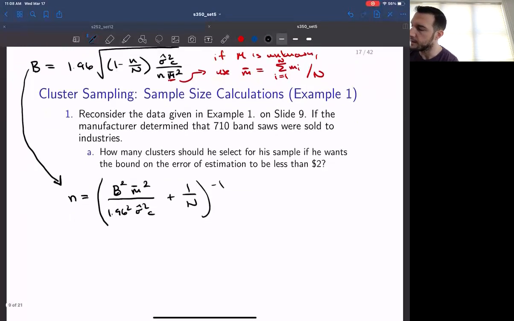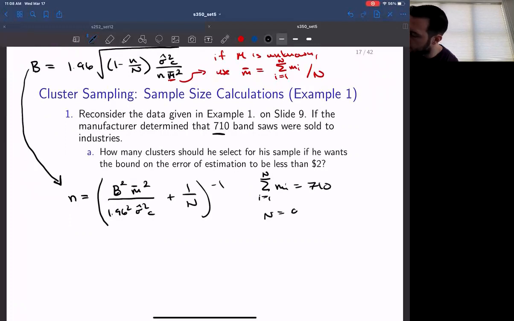We have considered the data given in our original illustration. Suppose that the manufacturer determined that a total of 710 bandsaws were sold to industry. Okay, so this means that the sum from i equals 1 to capital N of the Mi is equal to 710.